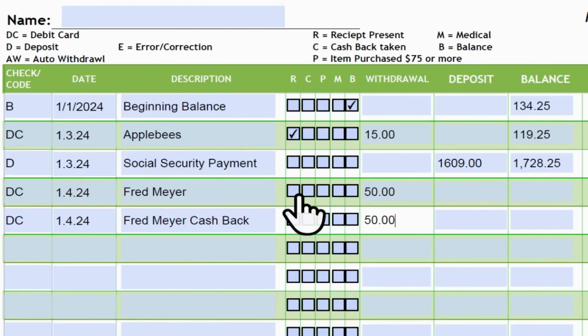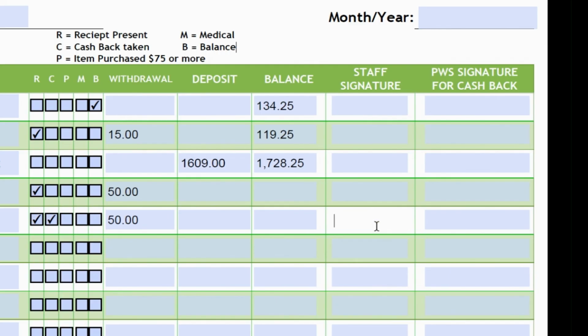However, we're going to make sure that, of course, we have the receipts for both of these. On the cashback line, we want to check off C for cash. And that's our reminder again that besides when we sign, the person we support will have to sign as well, confirming that they did receive the cash.